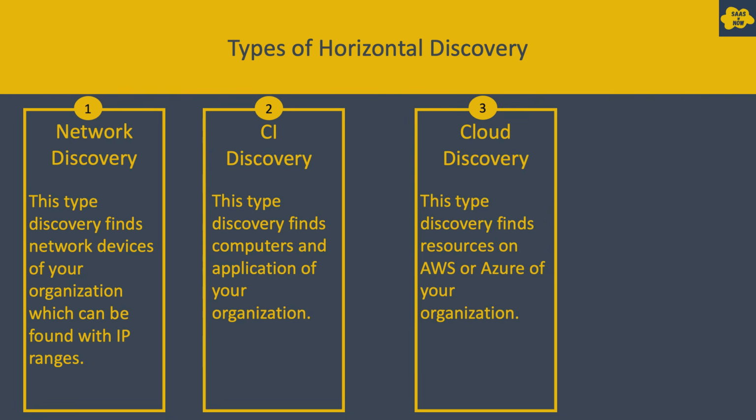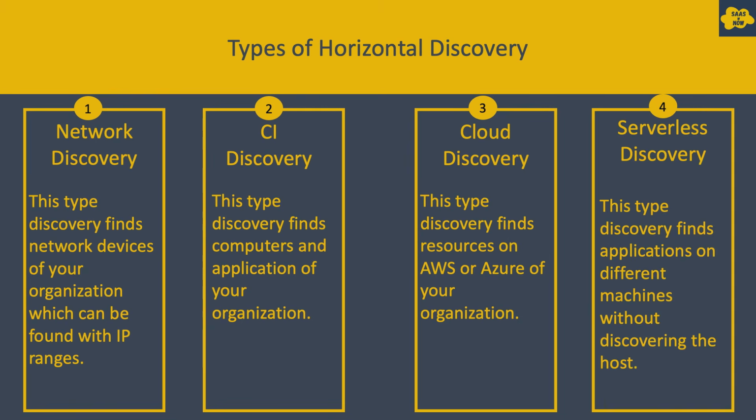Cloud discovery. This type of discovery finds resources on AWS or Azure servers of your organization. AWS and Azure are market leaders in cloud services. And the last one is serverless discovery. This type of discovery finds applications on different machines without discovering the host.